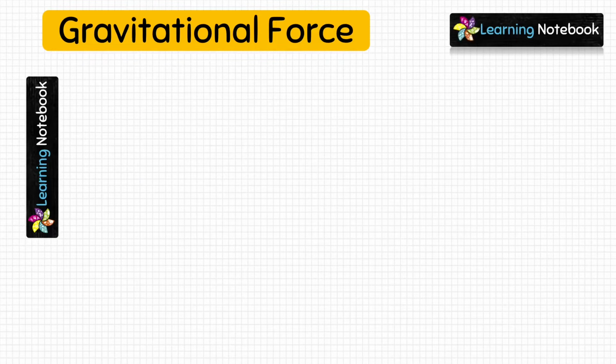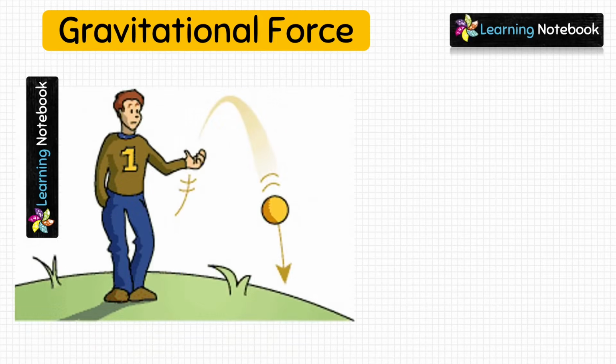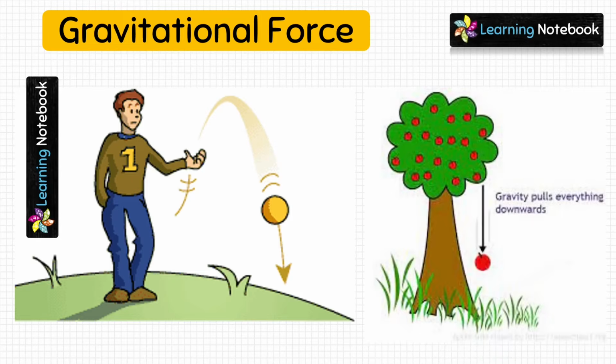Now third type of force is gravitational force. Another thing you must have noticed that whenever you throw anything up in the air, it always comes down. For example, when we throw a ball up, it comes down. Or if the fruit ripes, it falls down from the tree.